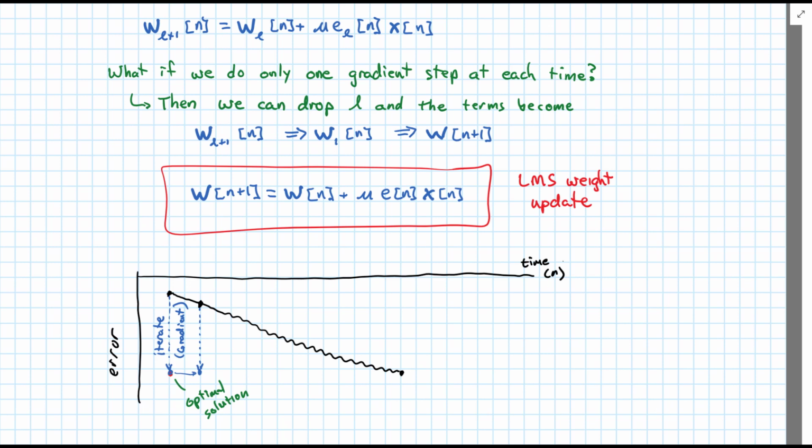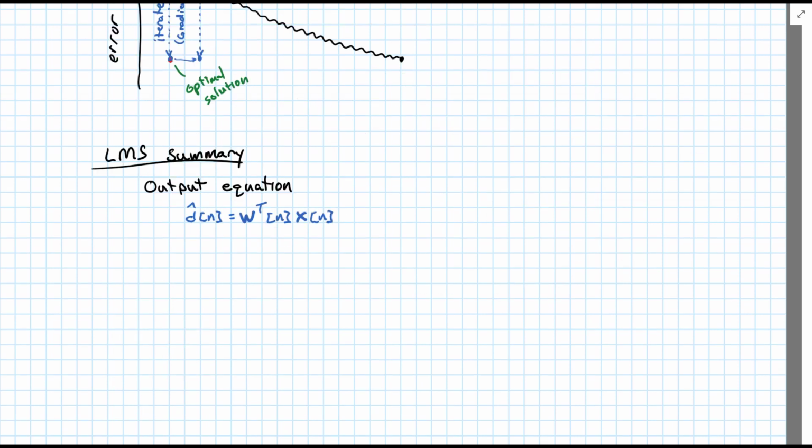For now, let's look at a summary of the entire LMS algorithm. There are essentially three steps. The first is to calculate the filter output. The second, excuse me, is to calculate the error.